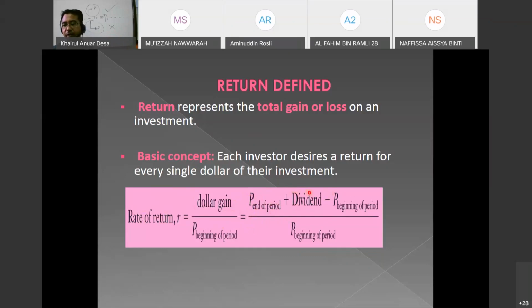Kalau tak ada dividend, tak ada. Minus the beginning of the period, divided by the beginning of the period. Okay. Nilai akhir ataupun harga akhir tolak harga permulaan dan bagi dengan harga permulaan, you akan dapat the rate of return, okay, kadar pulangan.